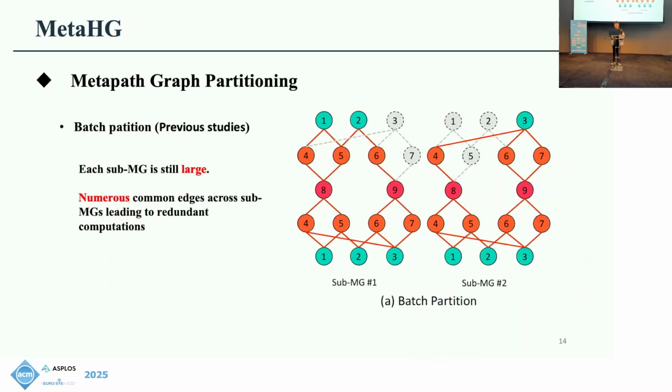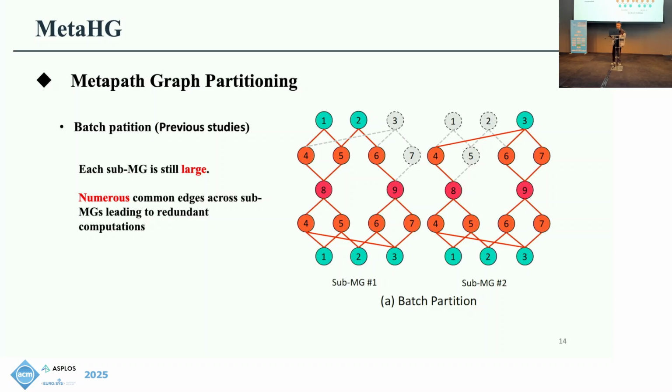Then, such a Metapath graph may need partitioning due to its size. Previous studies use batch partitioning that randomly divides the target vertices into batches, such that the Metapath graph is divided into several parts. However, this method may lead to several problems.